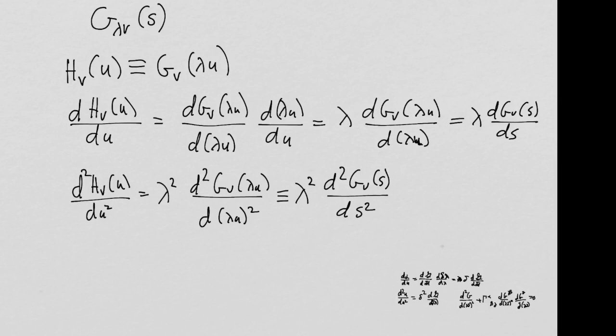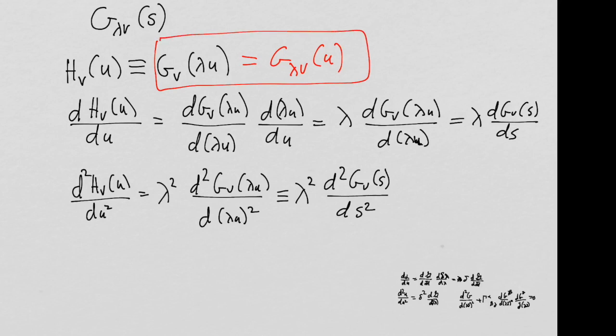So that just means that this is actually equal to g of lambda v times u. And that's why this is the important relation. This is the relation that's the caveat: if I just start with a different vector, I get the same curve, but I move along it faster or slower by a factor of lambda.